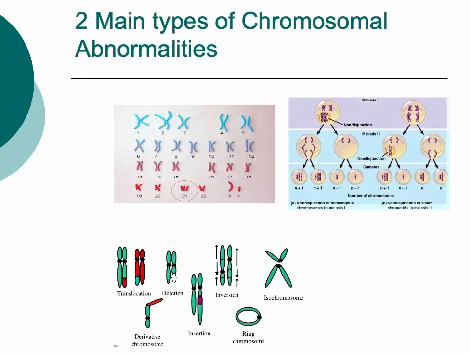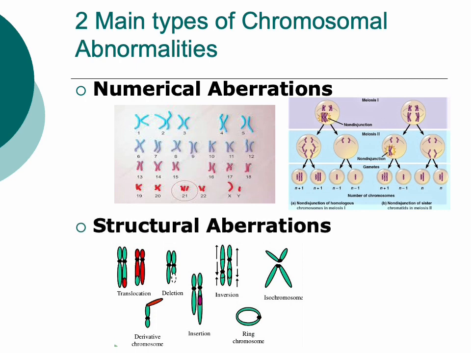Now, we have two main types of chromosomal abnormalities, and these are your numerical aberrations as well as your structural aberrations. When we say numerical aberrations, this would involve changes in the quantity of the chromosomes that are found inside the cell.